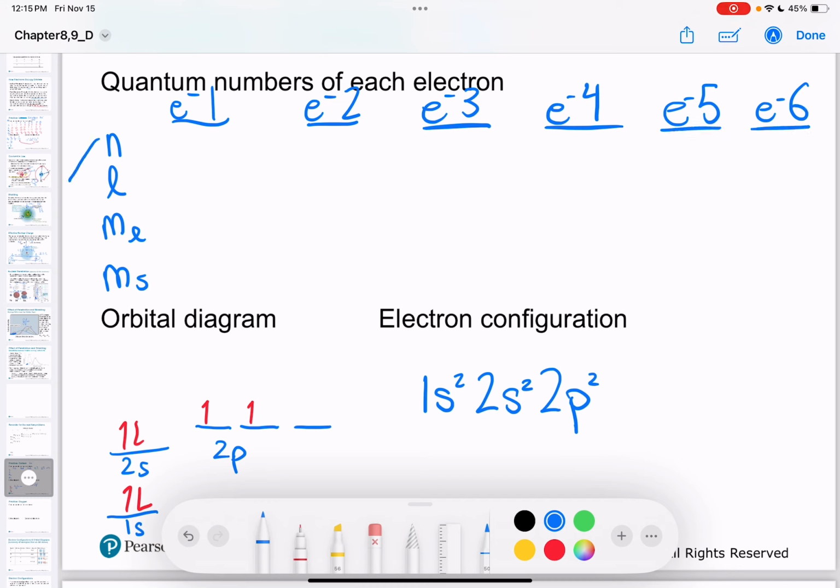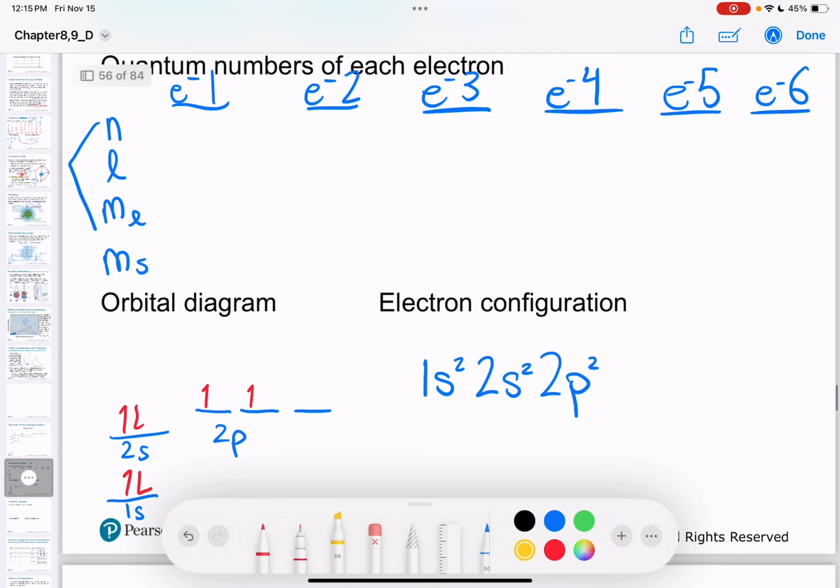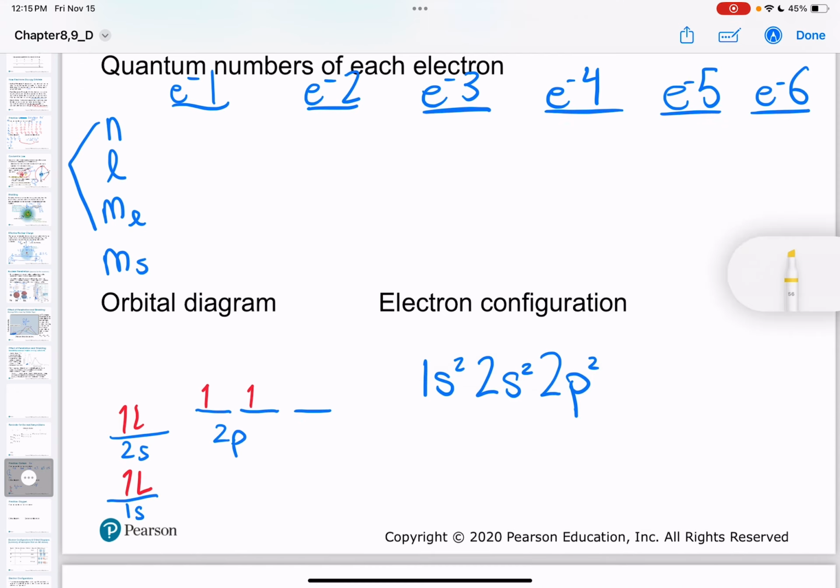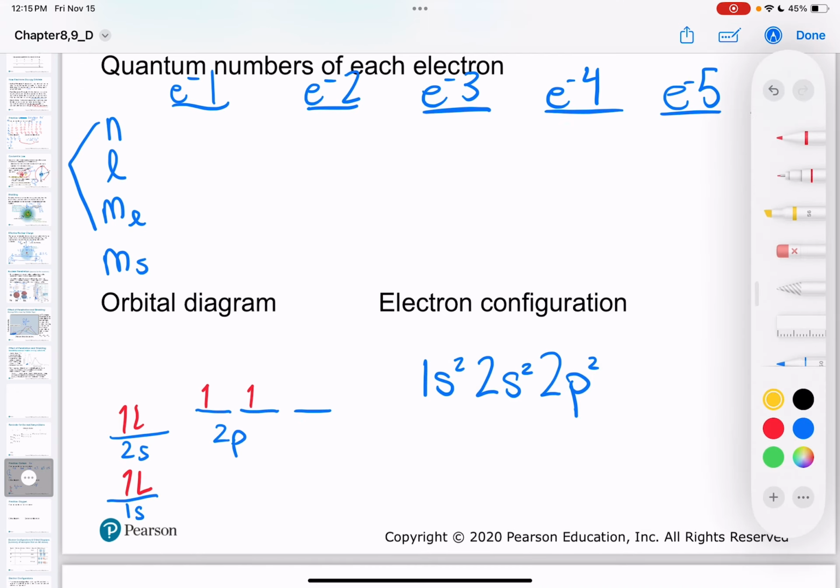And remember, these 3 are going to tell me what orbital it is, and then the m sub s is telling me the spin of the electron in that orbital. So let me try and hit each electron individually, showing you where it is in the orbital diagram and then assigning its quantum numbers individually. When we've done this in class so far, I've kind of treated them as groups, and maybe I'll just treat them all separately this time.